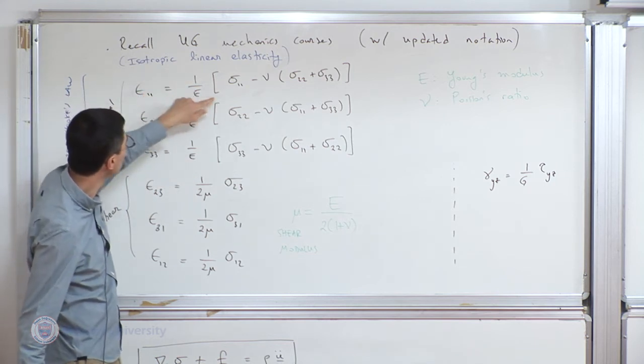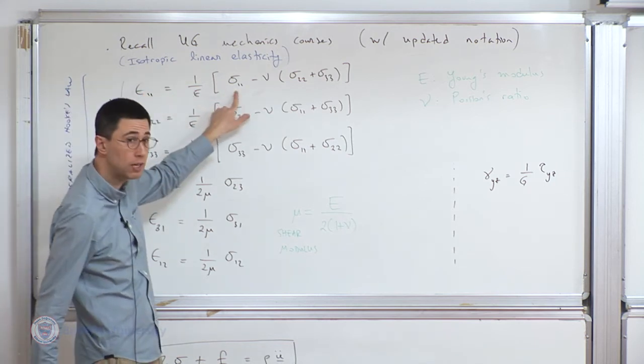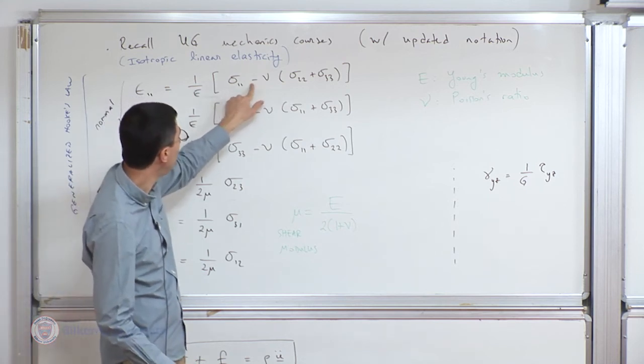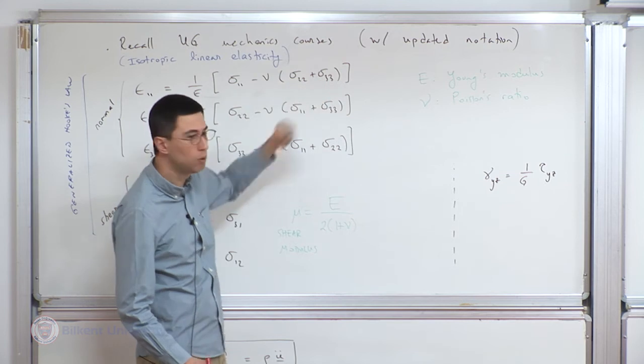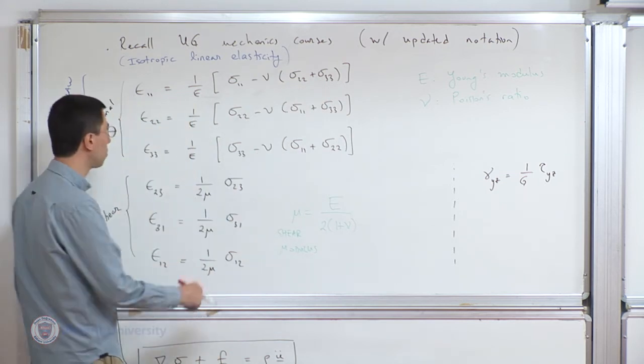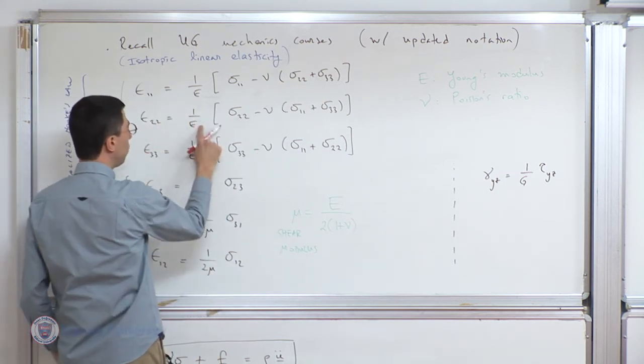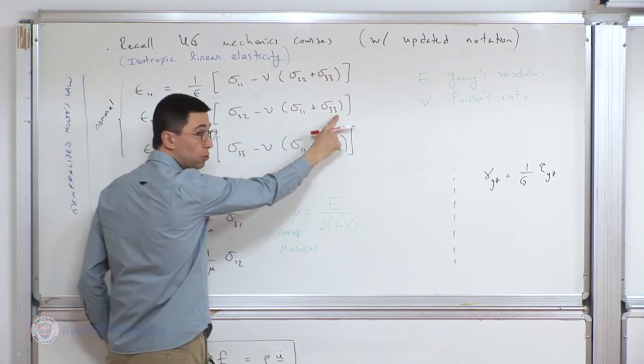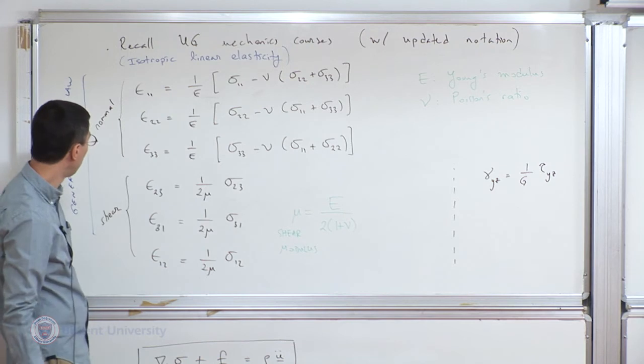It's 1 over Young's modulus times the corresponding stress. But that's not enough. There is the Poisson effect. So we must always have minus nu times sigma 22 plus sigma 33, the remaining two stresses, right? Epsilon 22 is 1 over E sigma 22, right? They match. Minus nu, the remaining two normal stresses for every normal component.